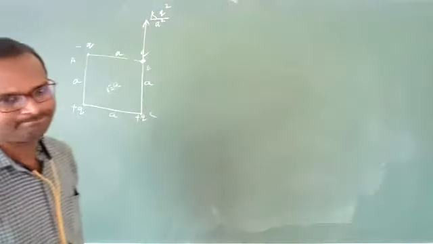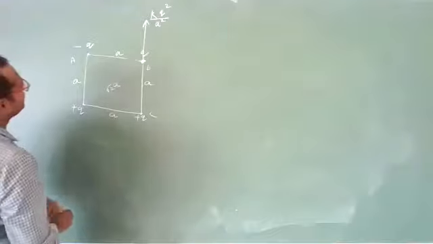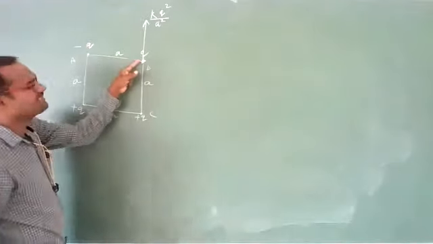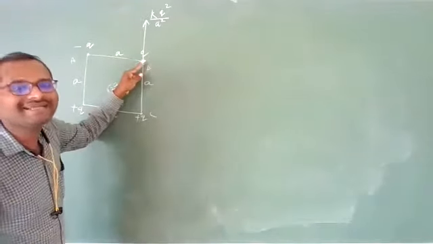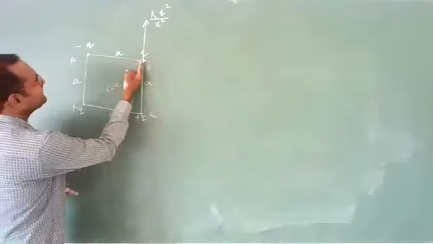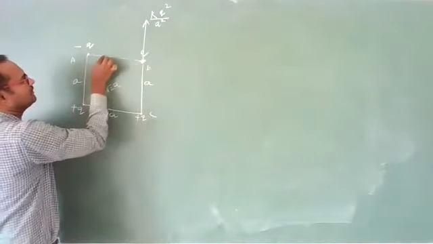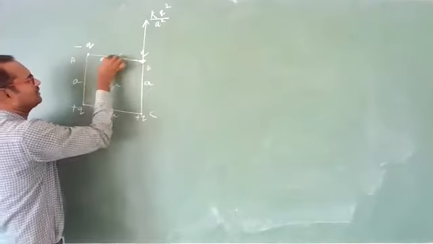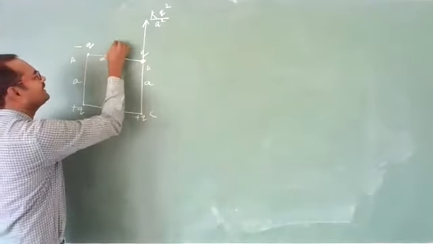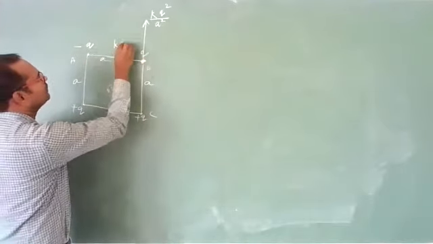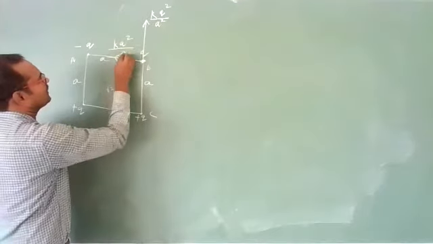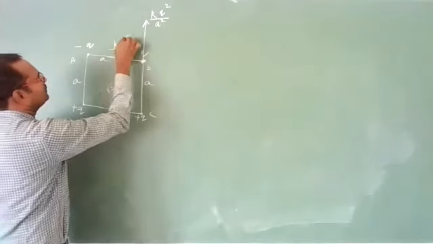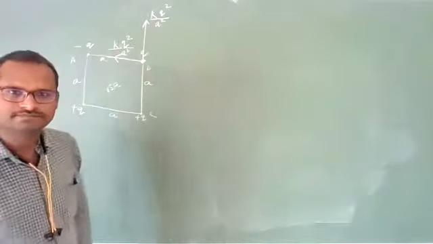A simple format. Next, due to this charge on this one, which type of force will be there? Attractive force, in this direction. How much force? Again K Q1 Q2 by A square, that is Q square by A square.